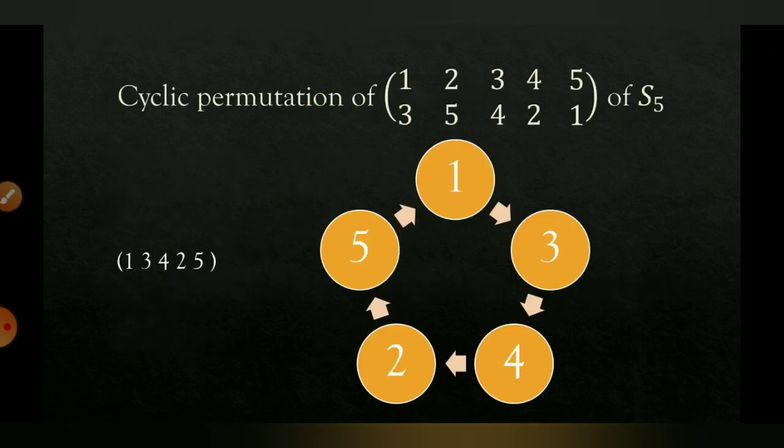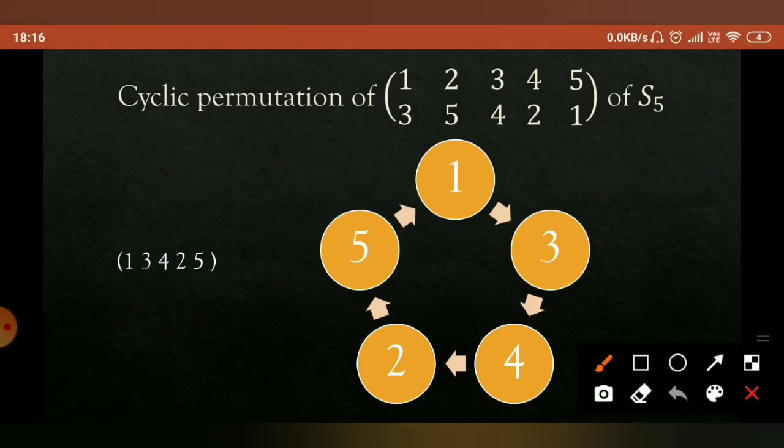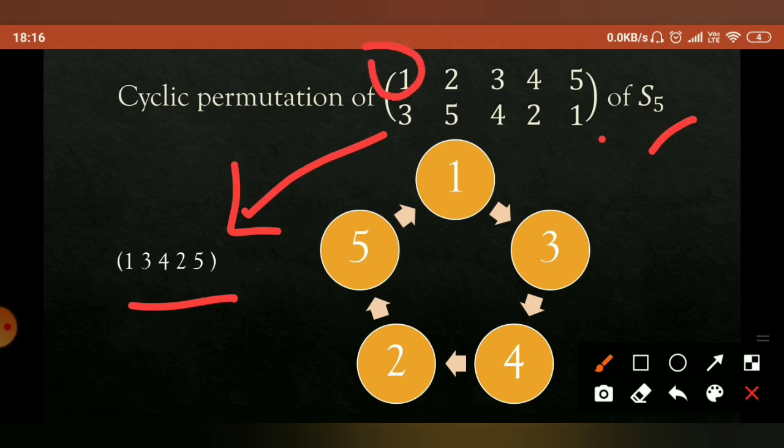You can see one example here. I have taken one permutation from S5. S5 means permutations on a set of 5 elements, 1 2 3 4 5. So this permutation written in this way is called a cyclic permutation. How is it arranged? Here I have drawn this cycle. We start from 1, so 1 is written here.